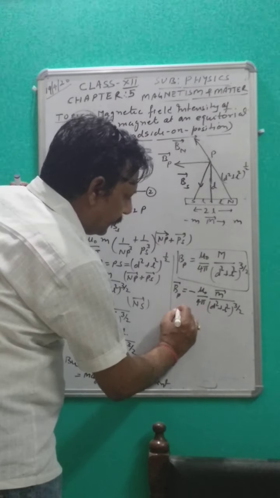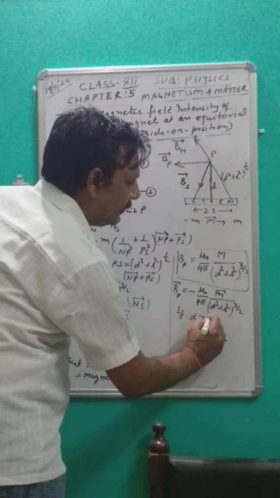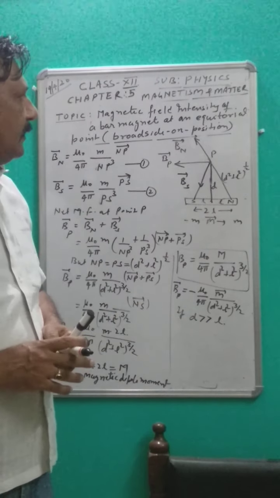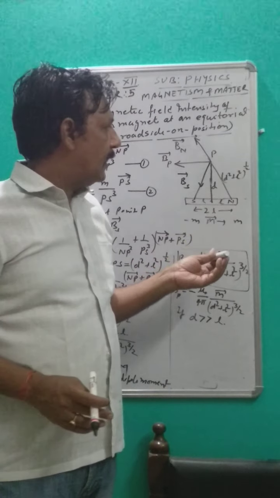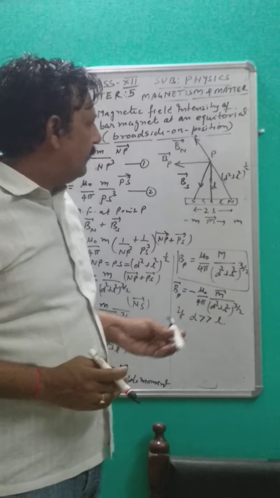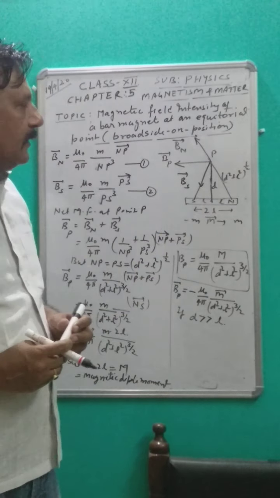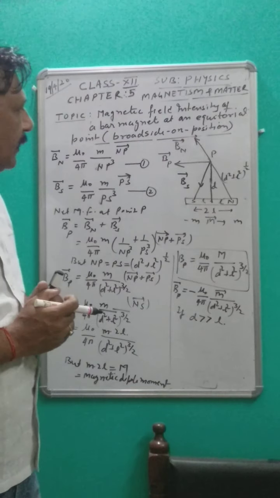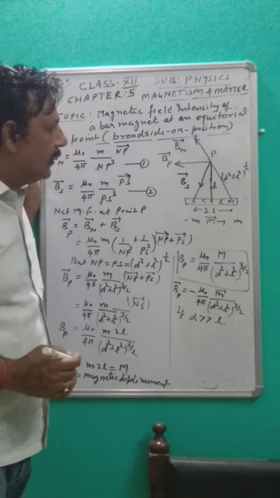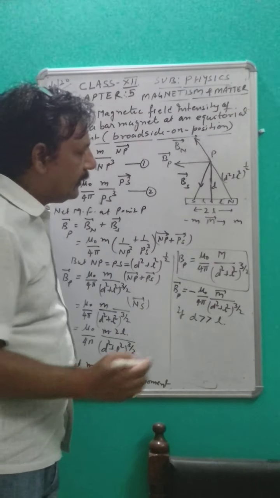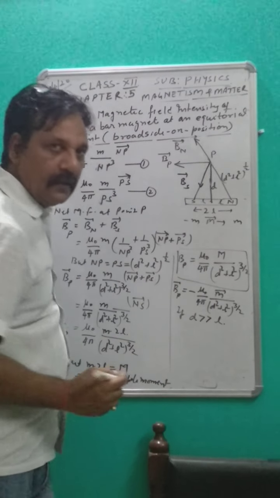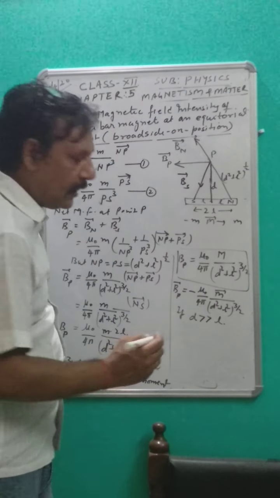Now if d is very much greater than l, suppose point P is situated such that its distance from the axis of the magnet is very much greater than the magnetic length, so we can neglect l. In this case the bar magnet behaves like a magnetic dipole.